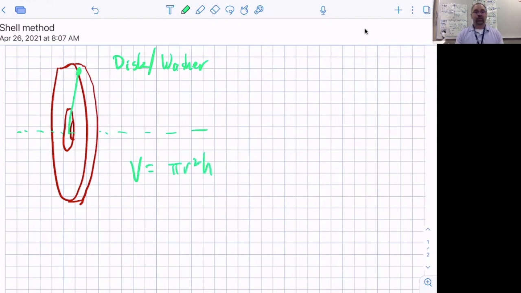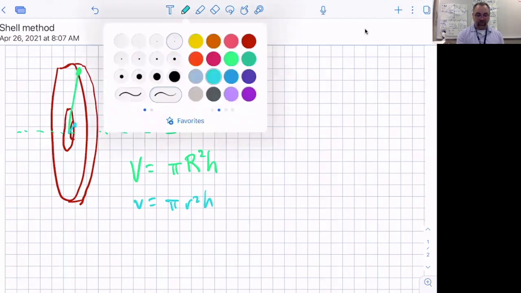Oh, I should make that a capital R, shouldn't I? Because that's our big radius. Then we have the other radius on the inside, the small radius of the small circle in here. And then we have our little volume, which is pi little r squared h. And so the total volume of the red disk is the difference of those two volumes.